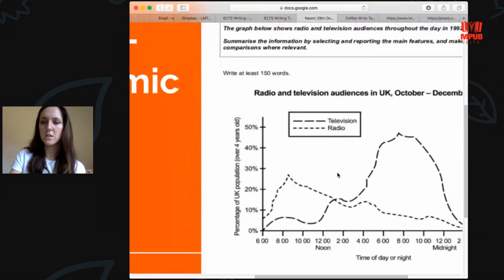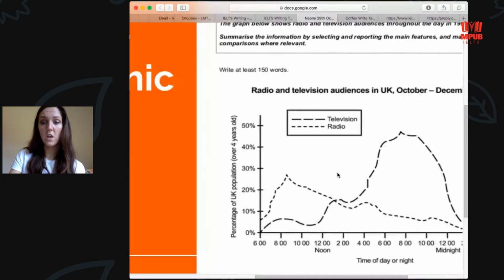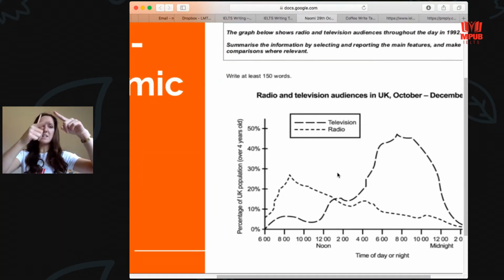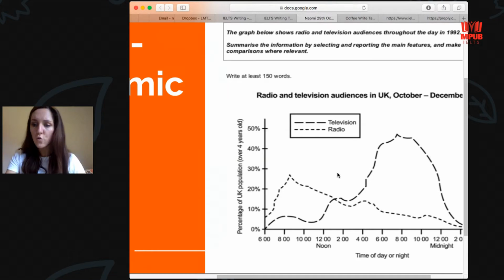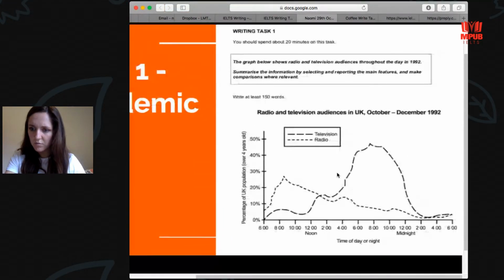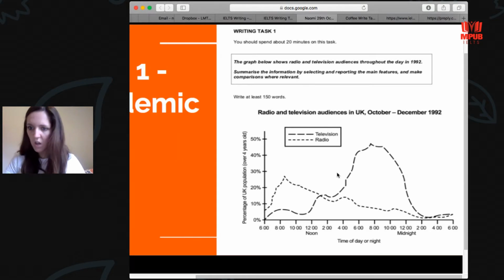Then what happens after 9 a.m.? Wow, we have a steady decrease. It's good vocabulary to know. A steady decrease right up until, let's say, 4 a.m. So it seems that at approximately 9 a.m. we have the peak number of radio listeners in the UK.